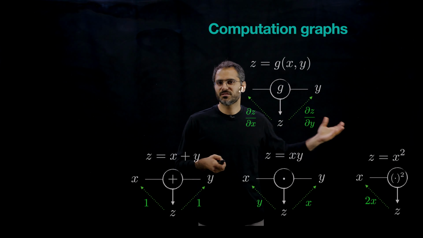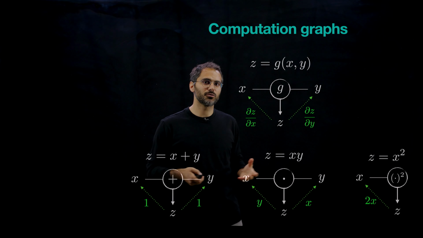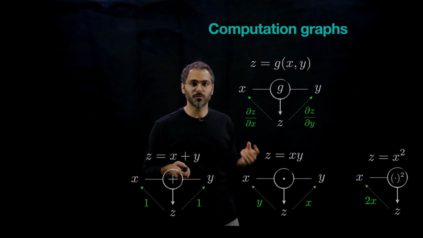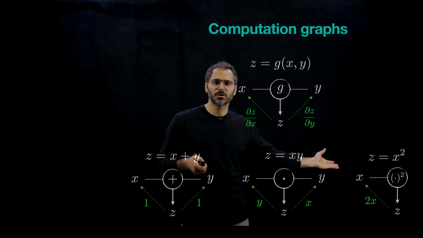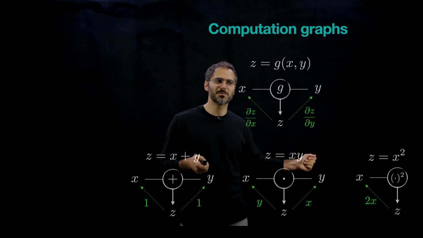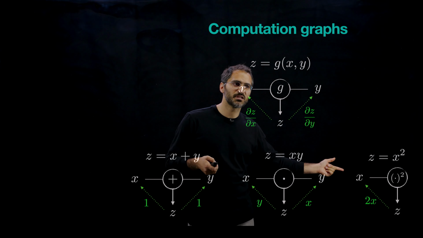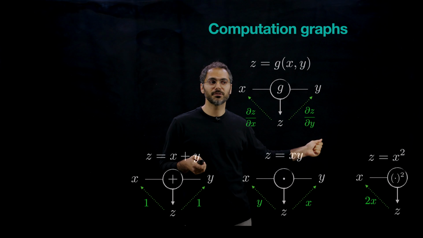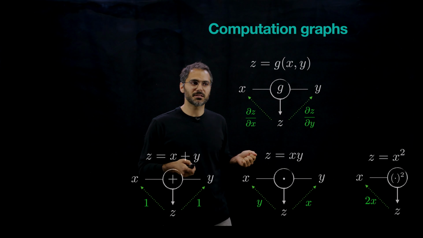Finally, this function doesn't have to have two inputs. It could have 3 or 4, or it could have only one input. So in the one-input case, let's say z equals x squared. Now dz dx is simply 2x.